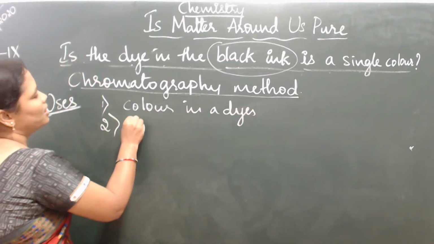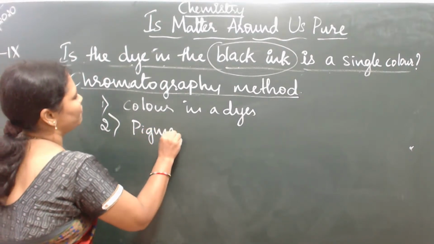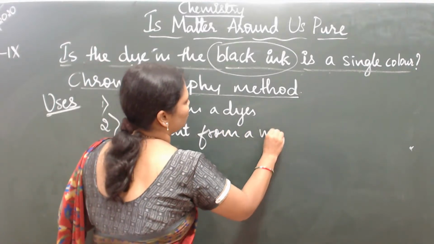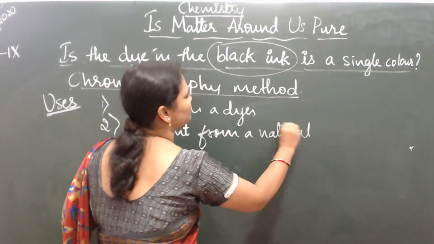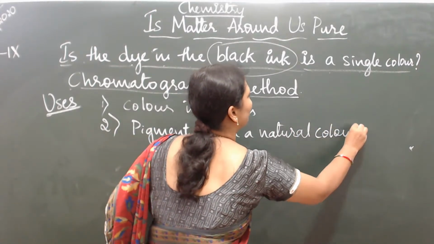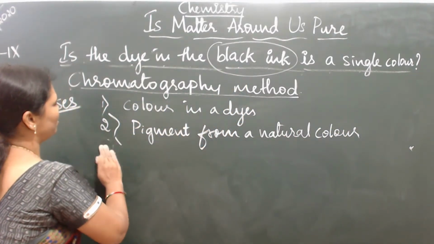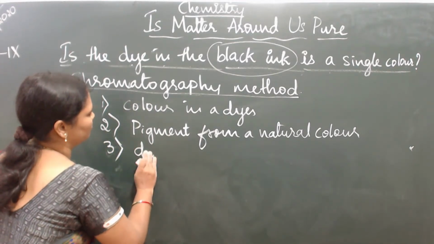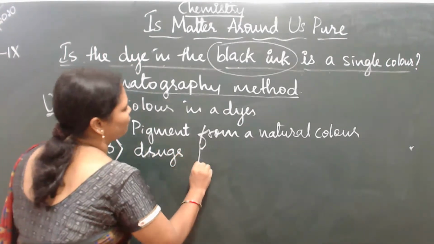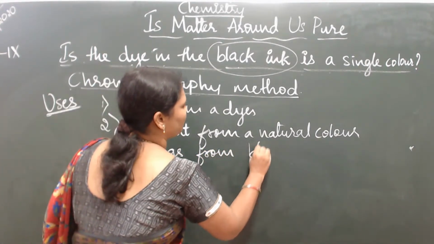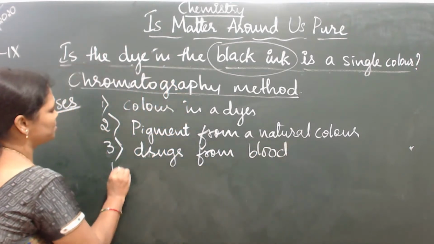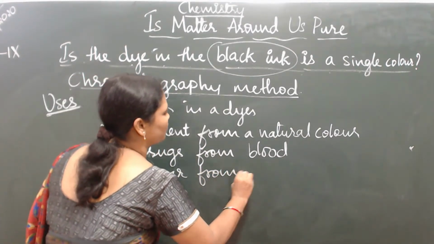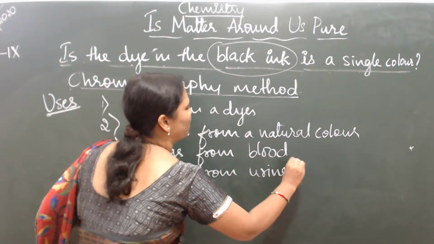It is used in the separation of pigments from natural color, and it is also used in the separation of drugs from blood, and in the separation of sugar from a urine sample.